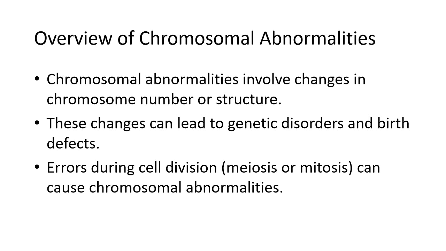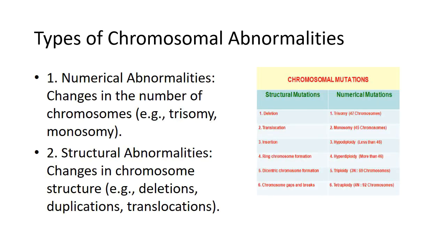These abnormalities can occur due to errors during cell division, specifically during meiosis or mitosis. These errors may result in extra chromosomes, missing chromosomes, or structural rearrangements of chromosomes, leading to various genetic disorders and birth defects.